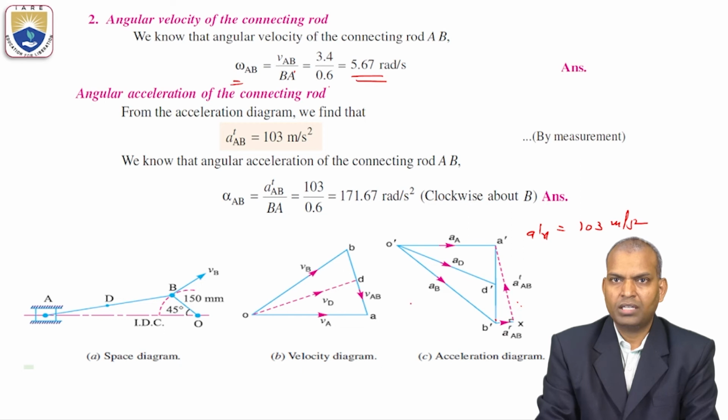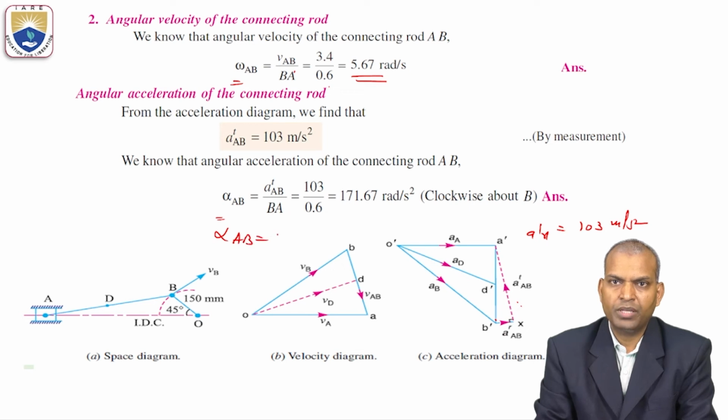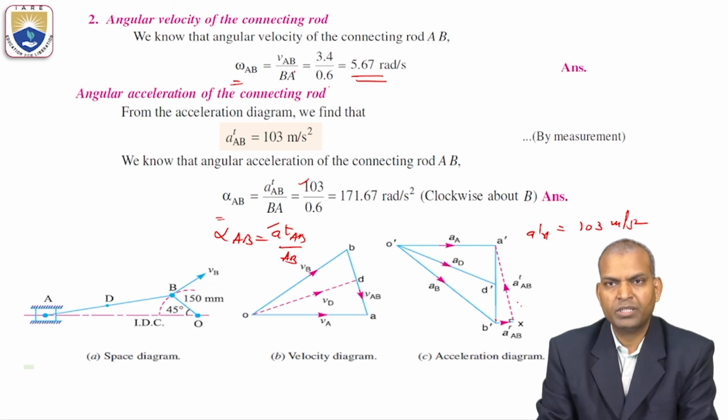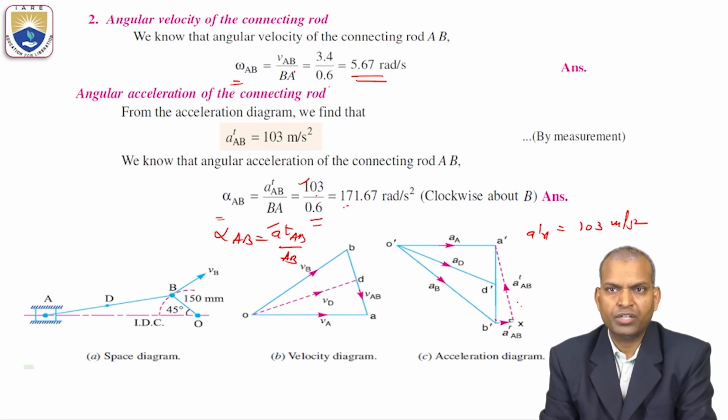Now we want the angular acceleration, alpha AB. That is alpha AB equal to tangential AB by AB. We know that ATAB is 103 meter per second square, and AB length is 600 millimeters, that is 0.6 meters. That is 103 by 0.6, which gives 171.67 radians per second square.